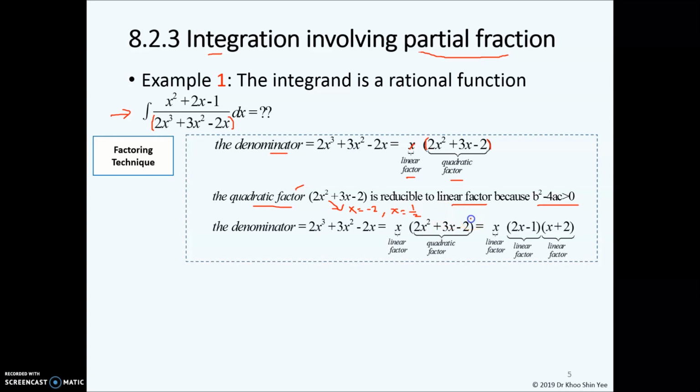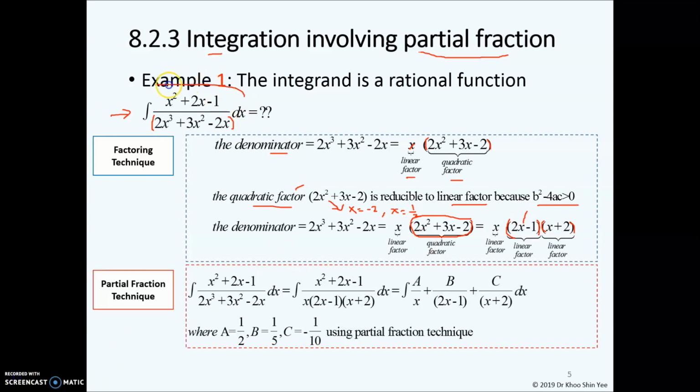So therefore, this term can be written as 2x minus 1, where x is equal to 1/2, and you have x plus 2 there, right? So initially, this problem, after performing the factoring technique, we are able to convert into this form.